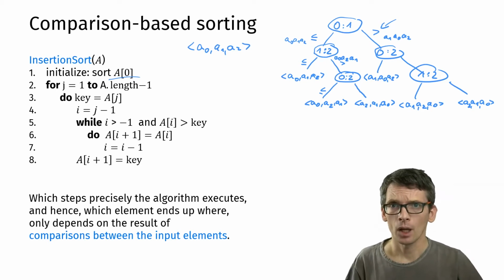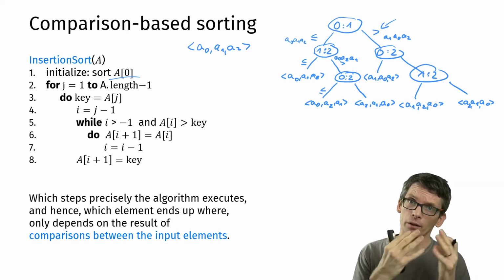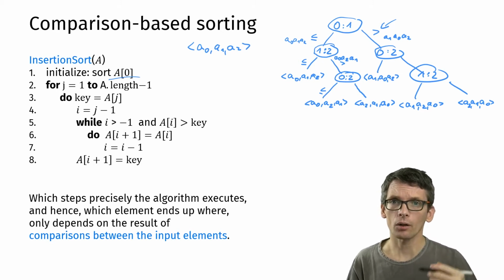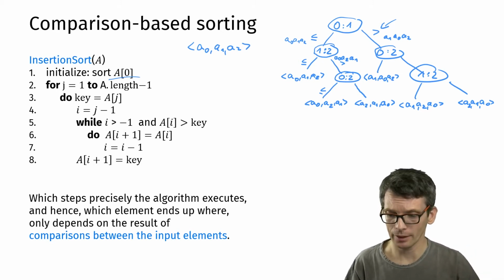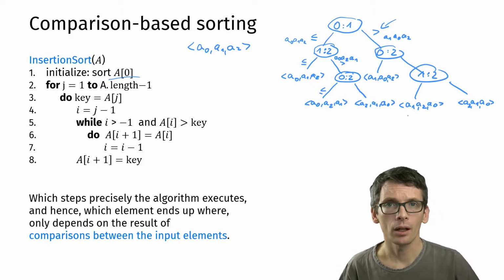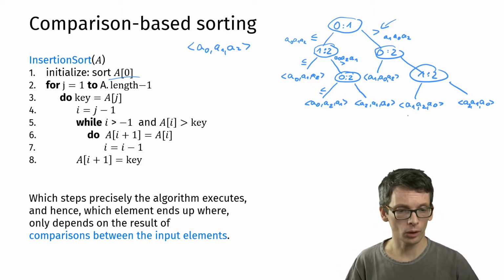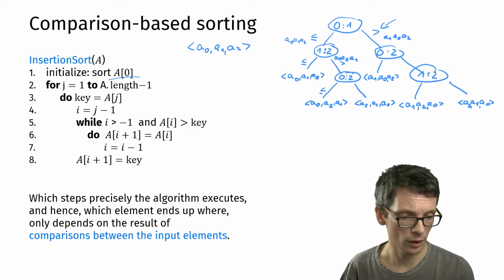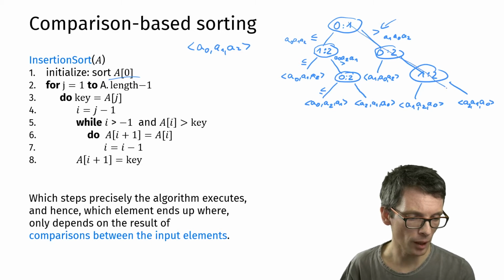So what we have here is that we have compressed the algorithm to the decisions that it is making. Instead of counting all the operations, we simply count the number of comparisons that it did. So what we see is that to sort 3 numbers, insertion sort in the worst case uses 3 comparisons, namely in this path here.